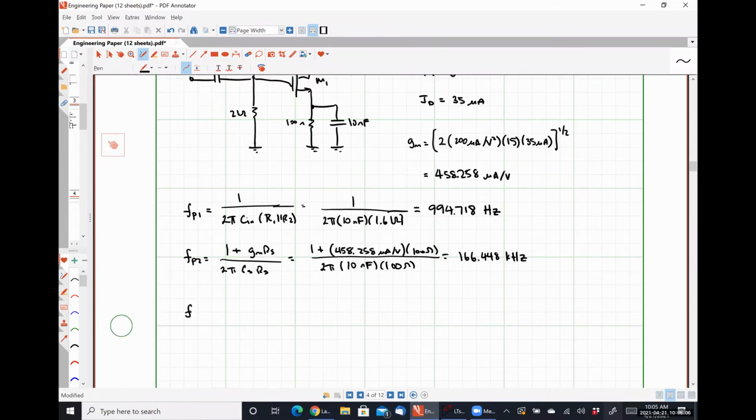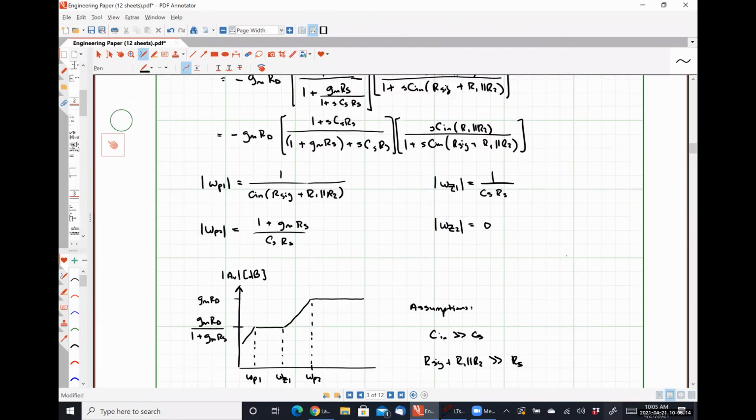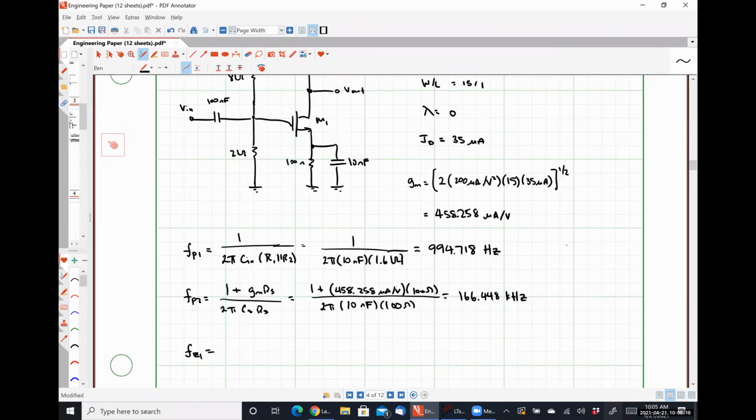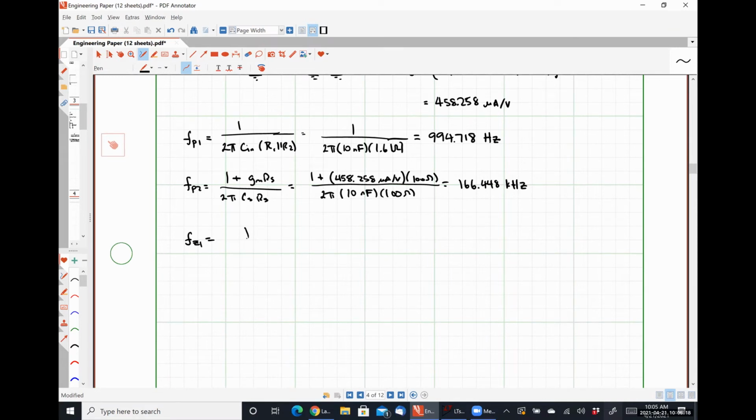The frequency of our zero, let's see, don't remember that one off the top of my head, 1 over Cs Rs, all right. So that's 1 over 2 pi Cs Rs, which looks like 2 pi times 10 nanofarads times 100 ohms down here, with 1 up here, and that gives me a frequency of 159.155 kilohertz.